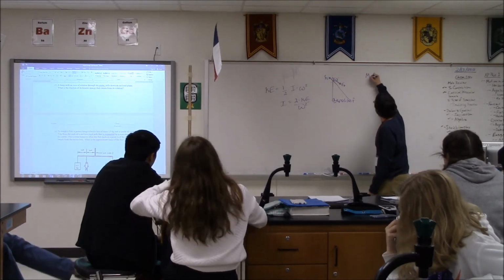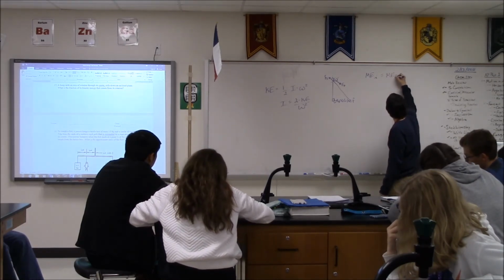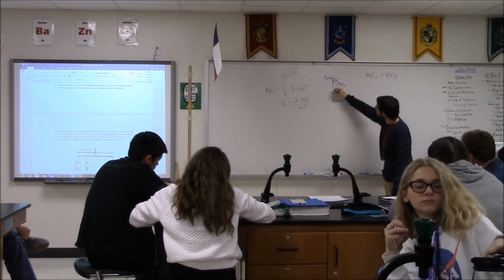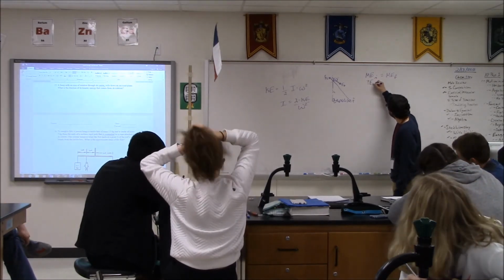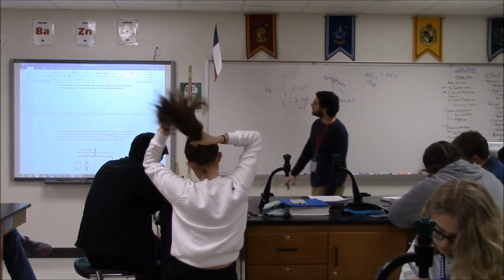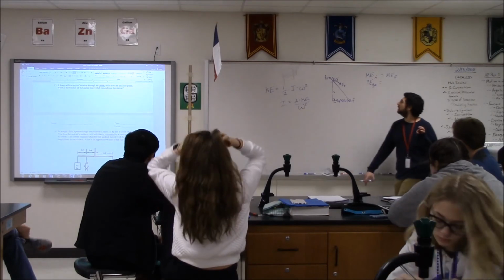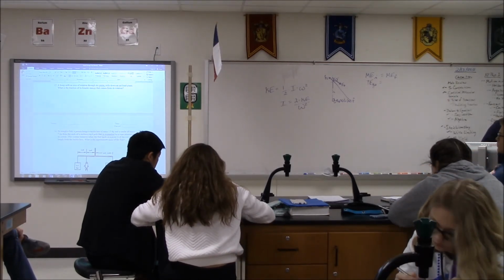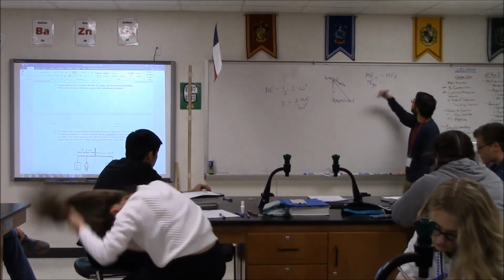So let's say mechanical energy initial equals mechanical energy final, and up here it's some height above the 0 line, so it's got gravitational potential energy initial. We're going to say it starts from rest.